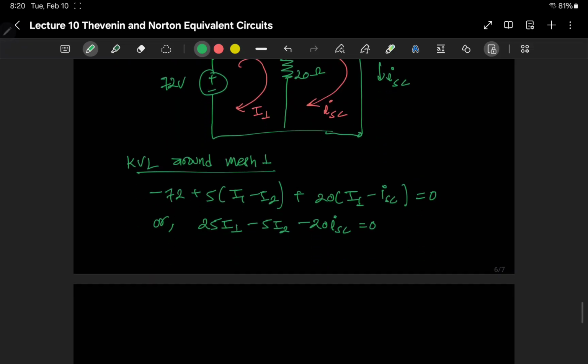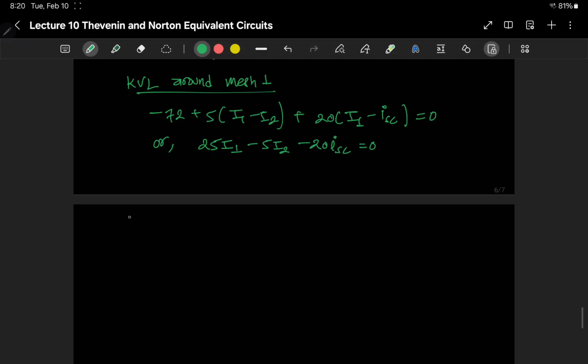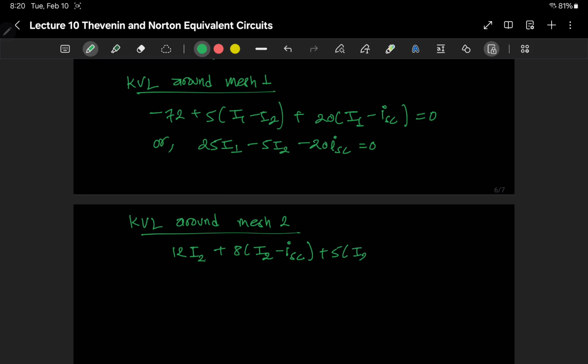Okay, so KVL around mesh 2: 12i2 plus 8 times (i2 minus isc) plus 5 times (i2 minus i1) is equal to 0.